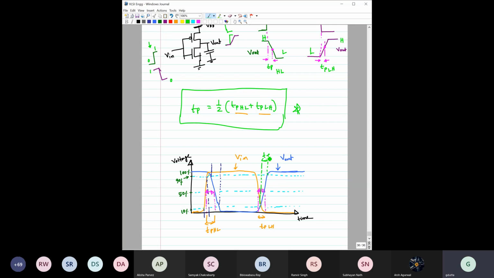And this output is taking this much time to fall from 90% to 10%. This is called fall time, TF. These are just simple notations that we will be using throughout our further analysis. This is rise time, and this is fall time.